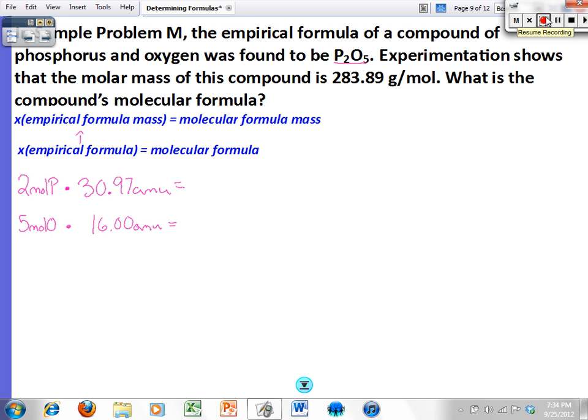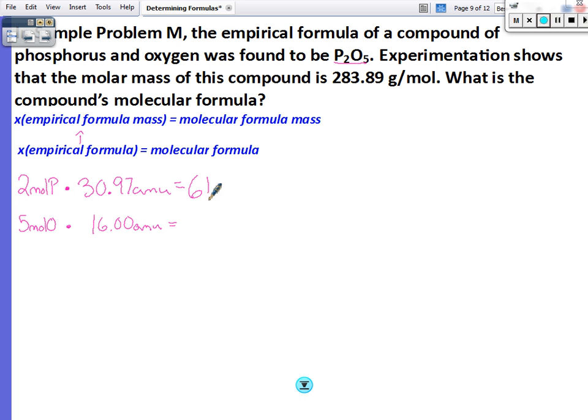So I know in my empirical formula, 2 moles of phosphorus, and if I multiply that by the AMU, I'm going to get 61.94 AMU here, and then 80 AMU here for the oxygen.